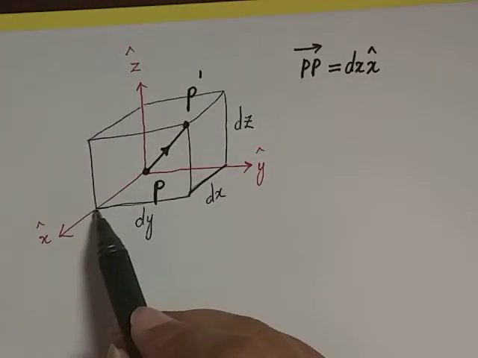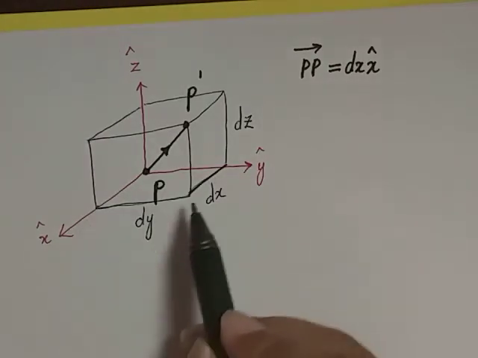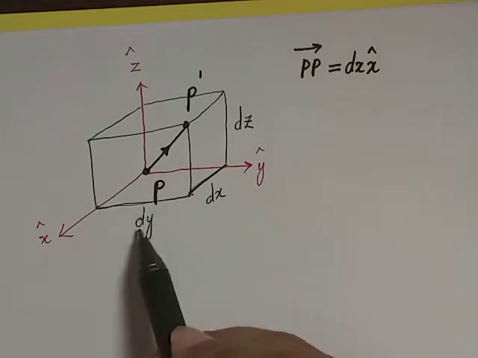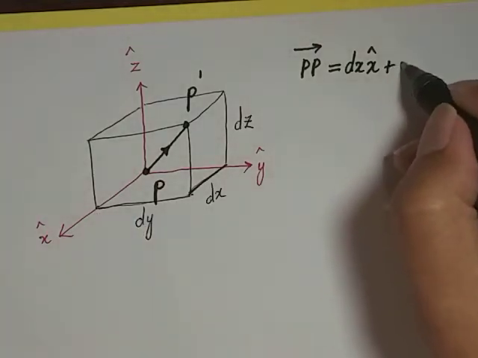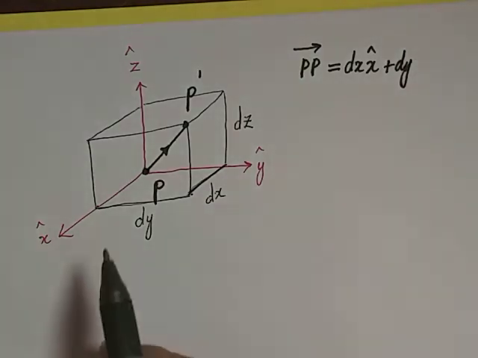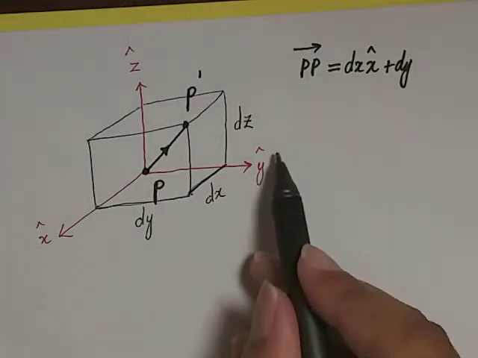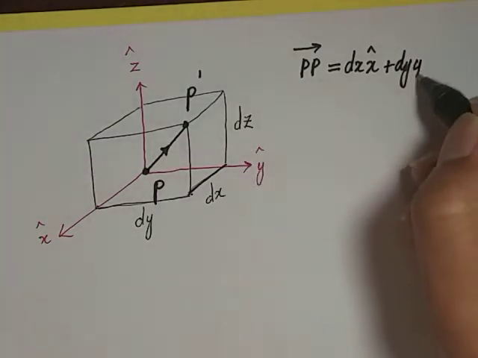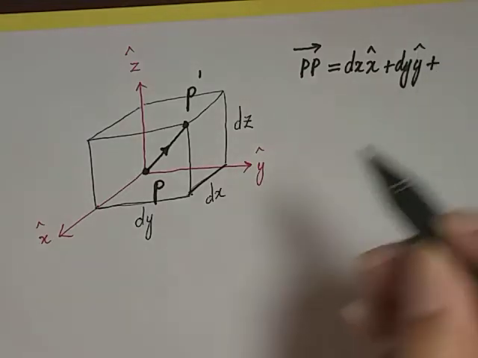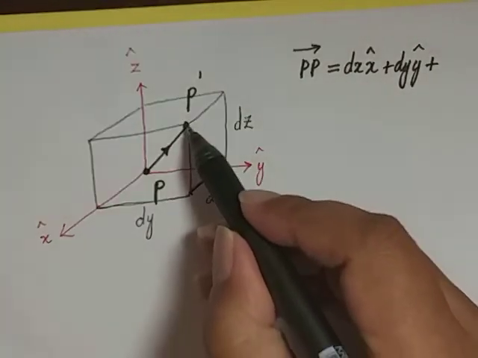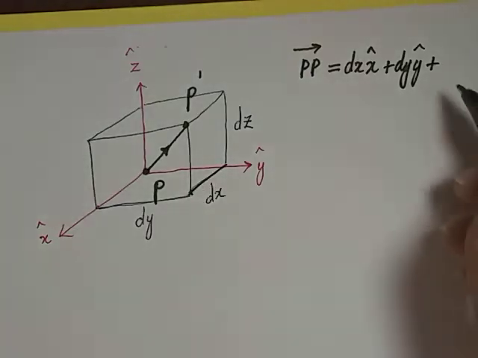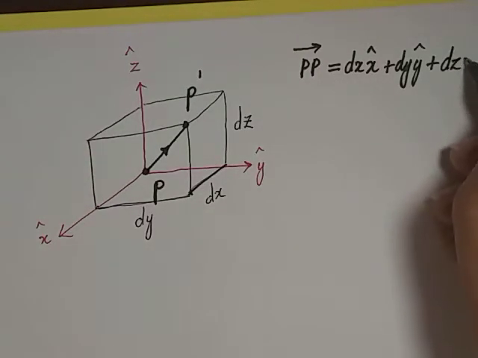So I have to continue my movement. From this point to this point, the magnitude is dy, so I have to add it, and the direction is positive y. Finally, I continue from this point until we arrive at the final destination P prime, with magnitude dz in the z direction.